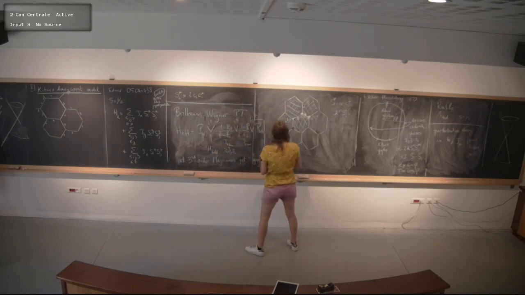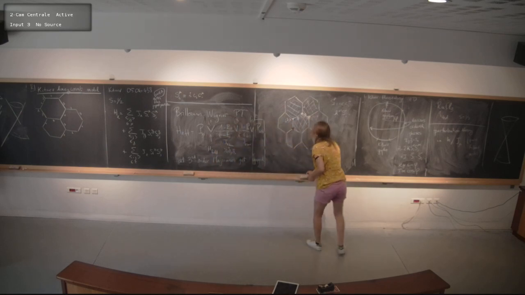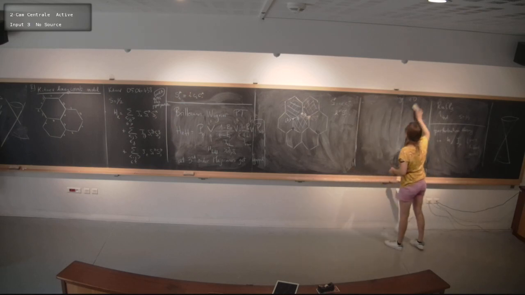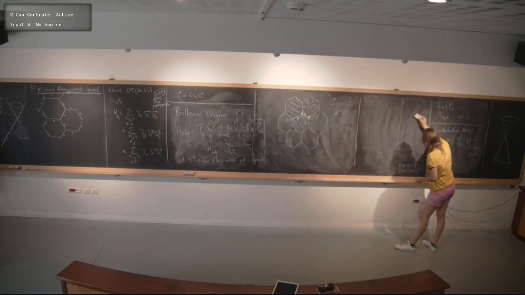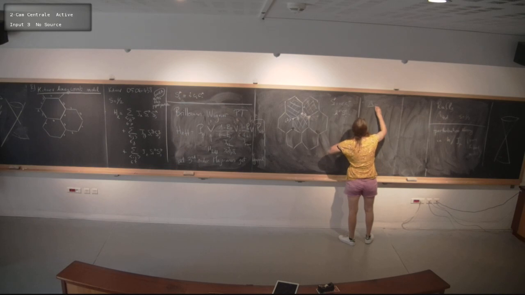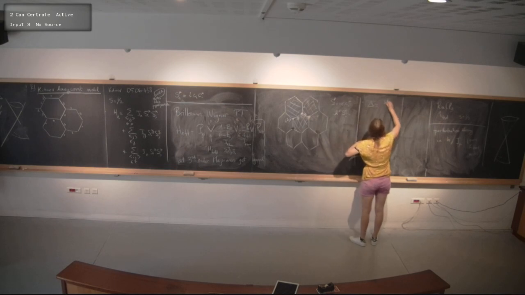So what you see is that you now have a perturbative state which has a gap that should be of order delta, which is hx hy hz over J squared.